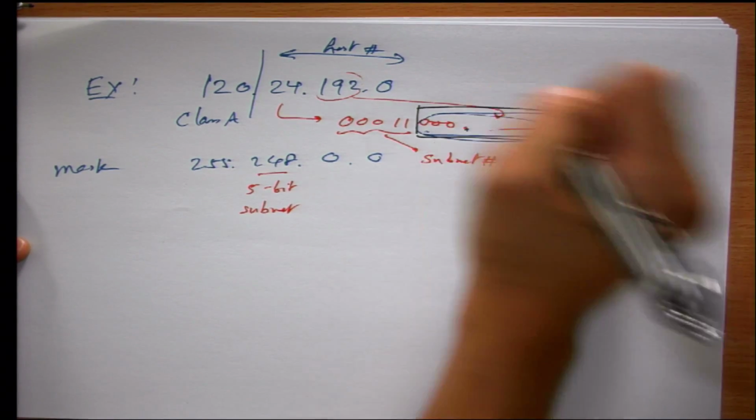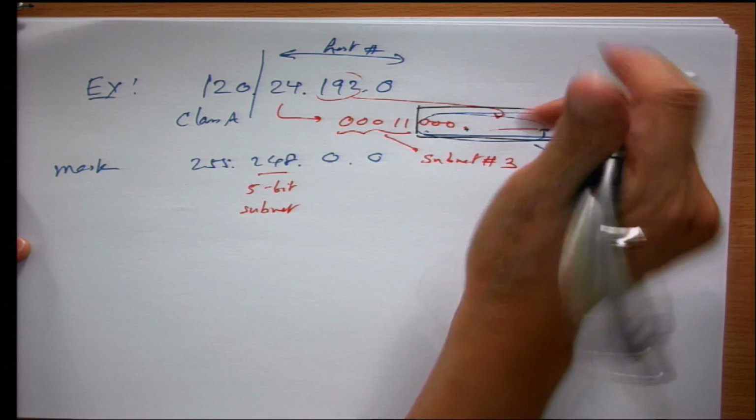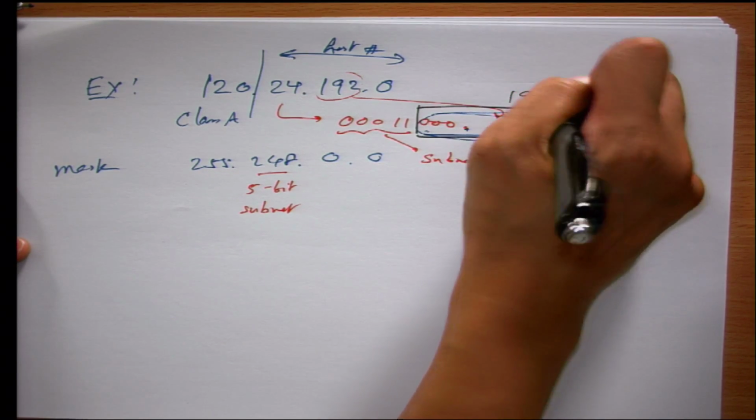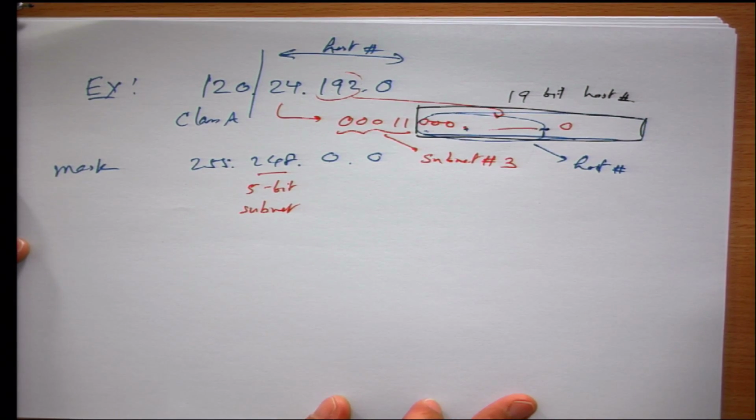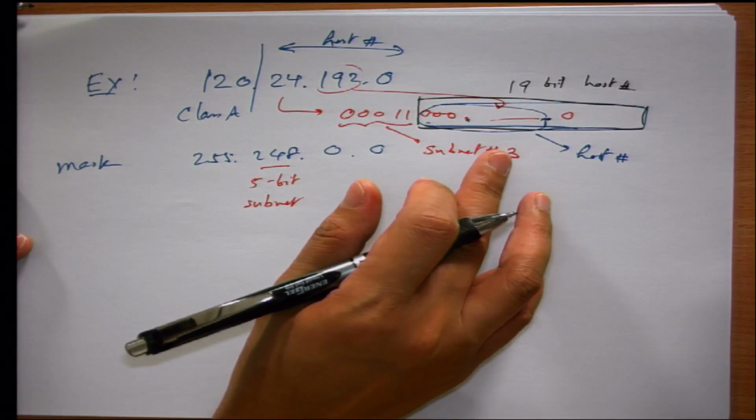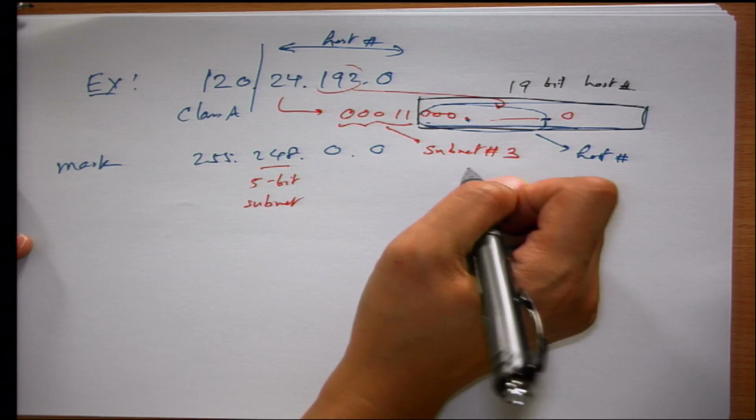Okay, so this consists of 3 plus, so this is a 19-bit host number. Okay, so you have to calculate, because this can have many hosts. Okay, but the subnet number is number 3.